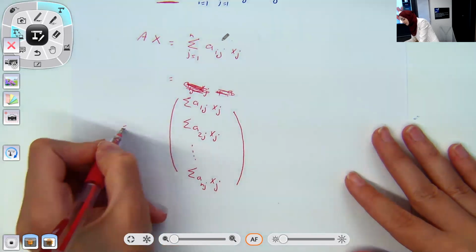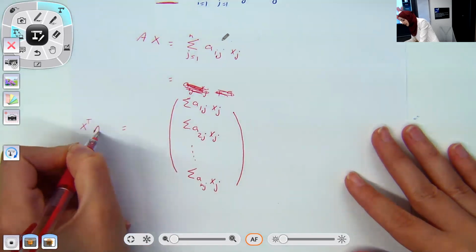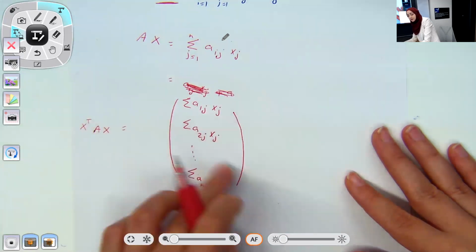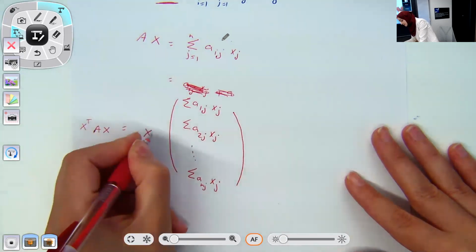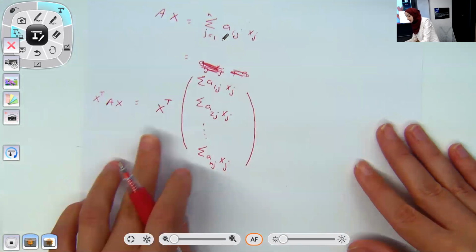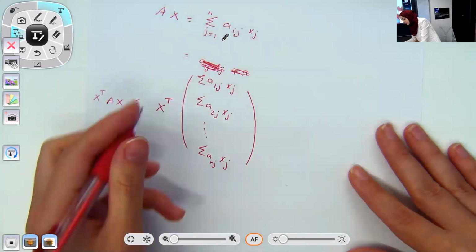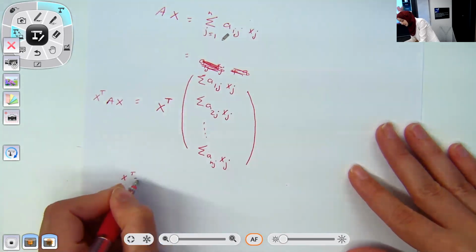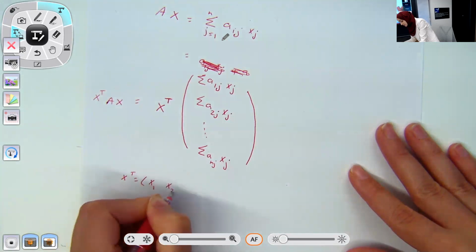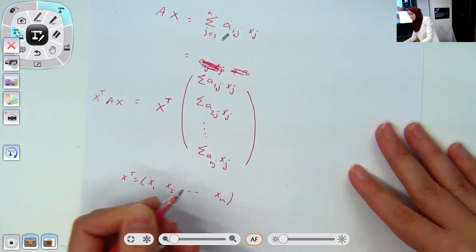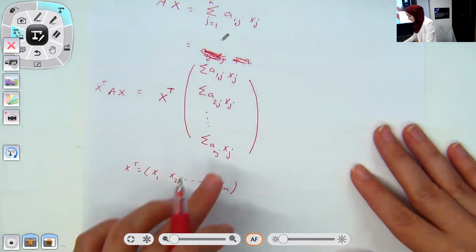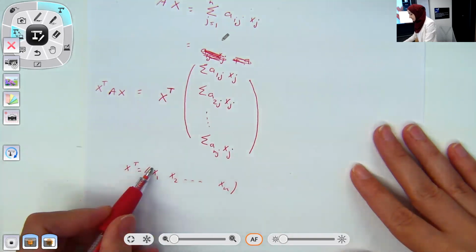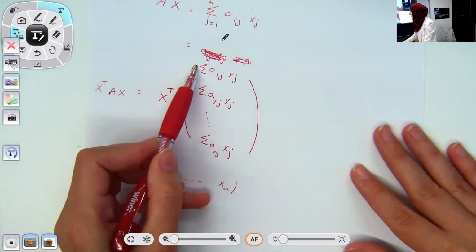But here we have X transpose AX, so we need to multiply this vector by X transpose. X transpose equals x1, x2 up to xn. If you multiply these together, we multiply the first entry with the first entry here.